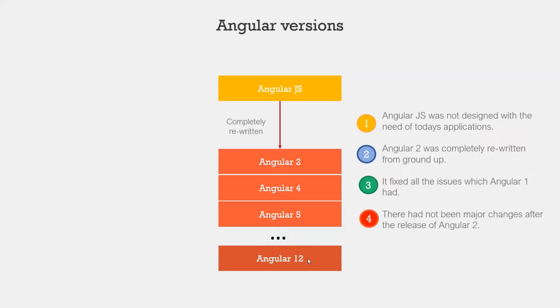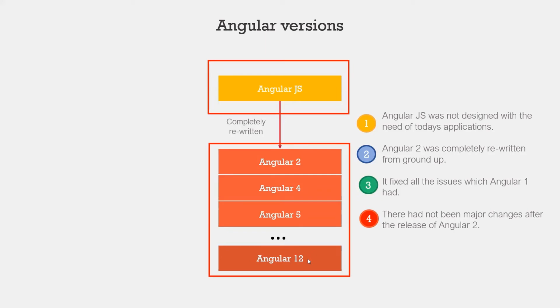So now we have two kinds of Angular: AngularJS or Angular 1, and Angular, which is Angular 2 and the later versions of Angular. Okay, so in this course, you're going to learn about Angular, that is Angular 2 and later versions, and not about AngularJS. And whatever you will learn in this course also applies to the latest versions of Angular.